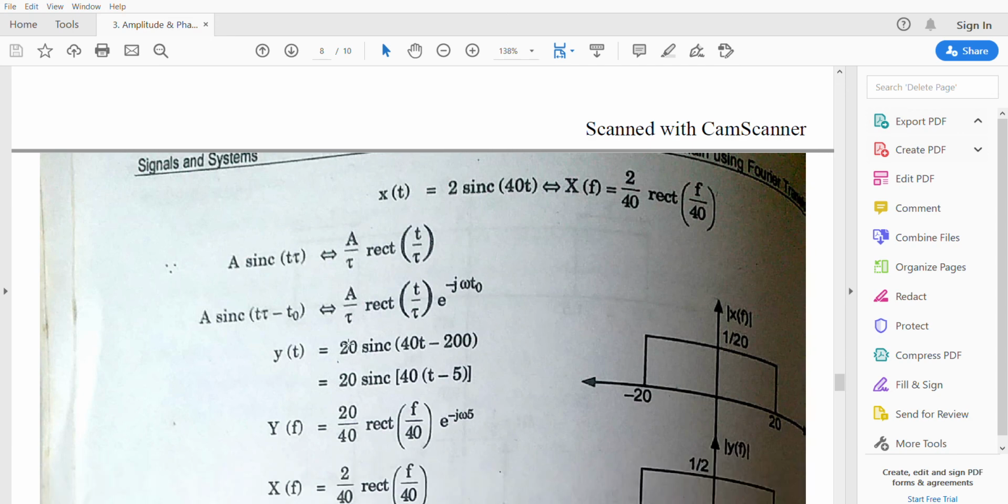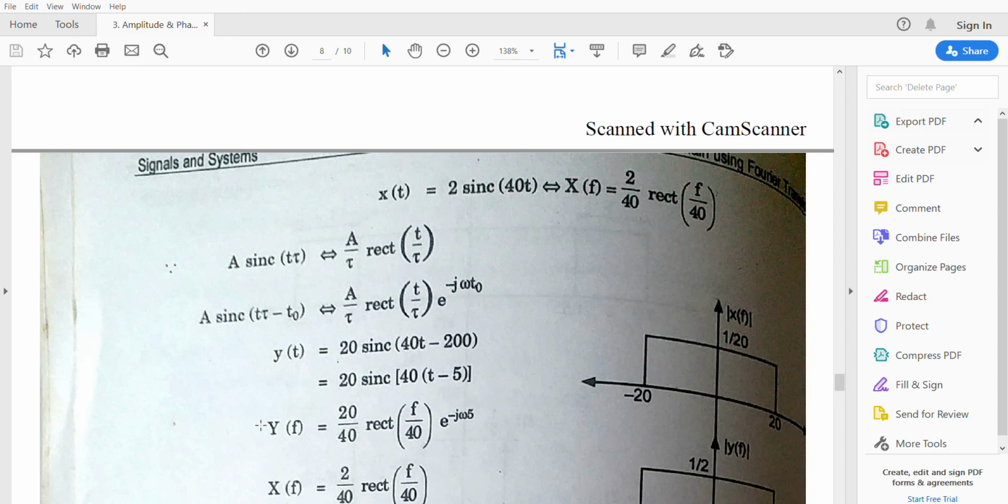So see here, the Fourier transform of the sinc is a rect function, with the 20 taken outside as common. Here 5 is your t0, so e raised to minus j omega t0. This is the output response, that is Y(f) in the frequency domain.